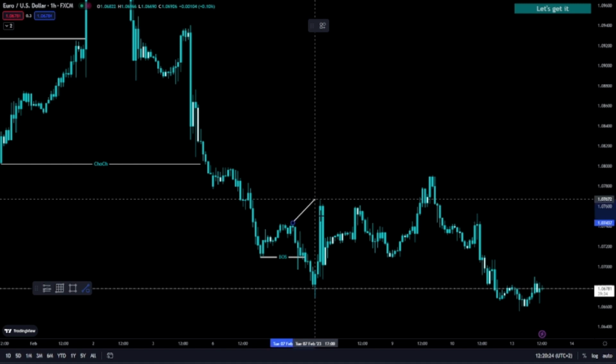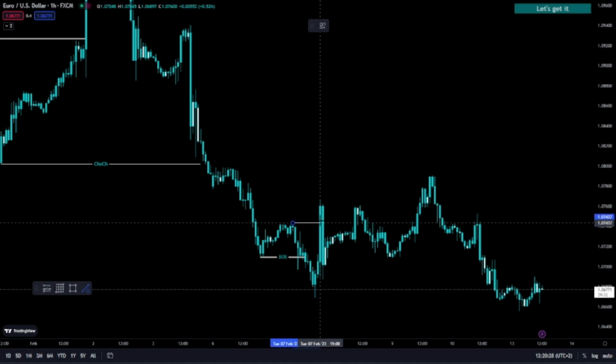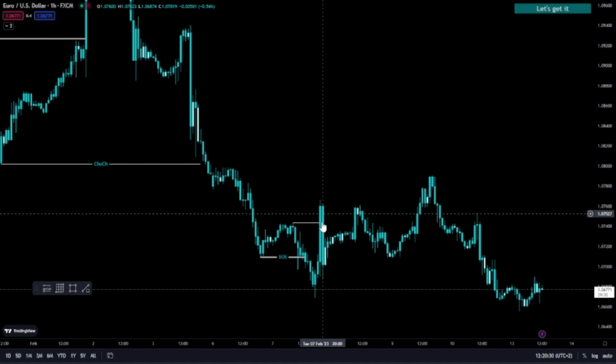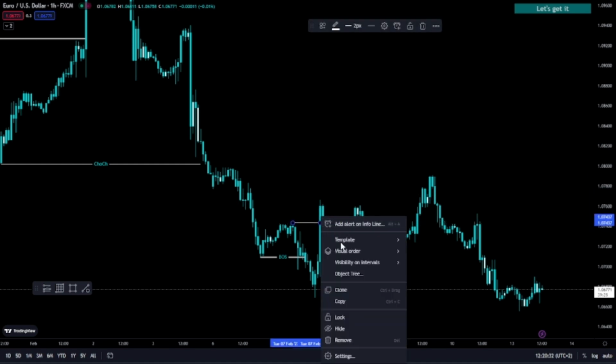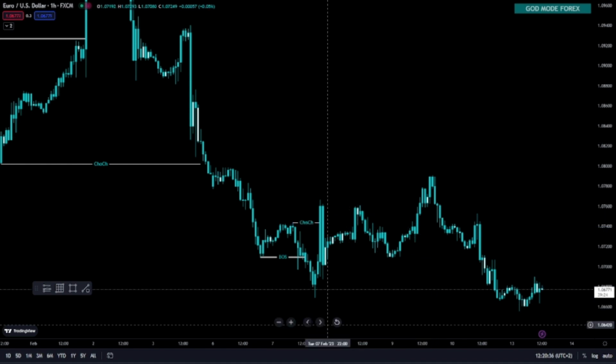Now, guys, it was at this point that we started looking for that retracement or pullback to play out. Why? Because we have seen a change of character in the opposite direction.